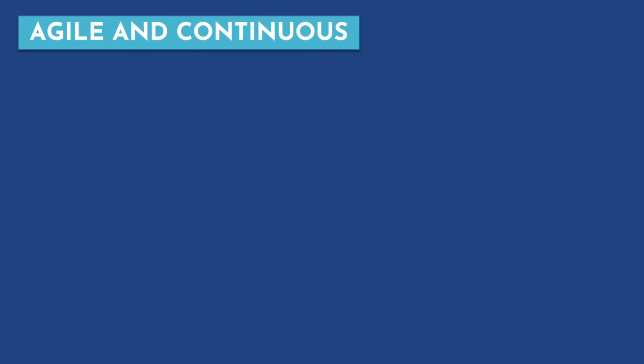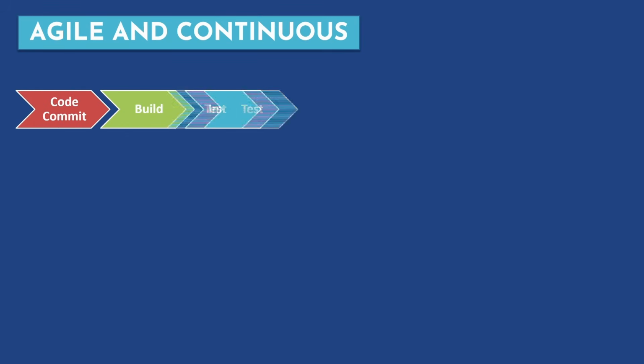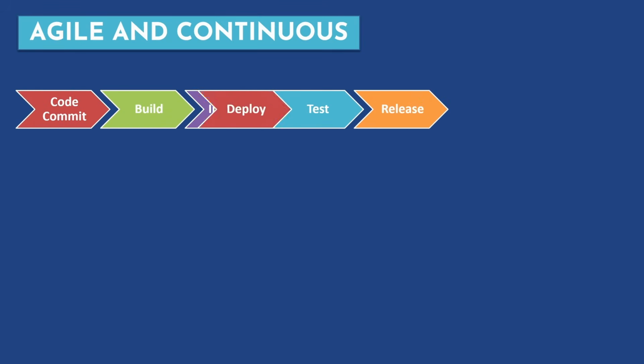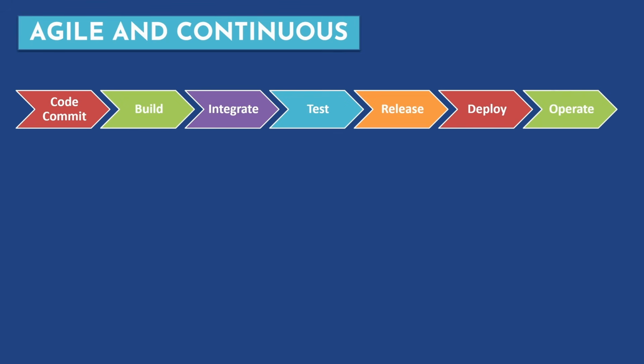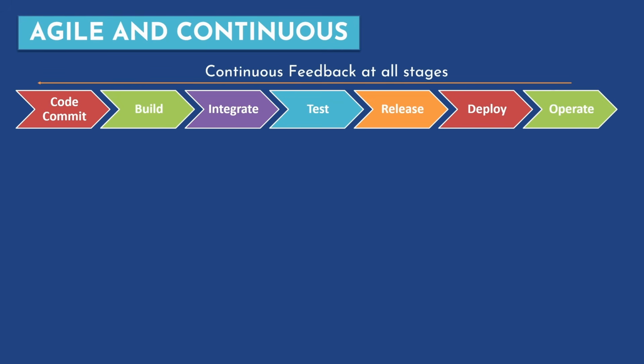Let's see what these terms are in detail. So let's say we have a software development lifecycle process, which usually involves these steps: code commit, build, integrate, test, release, deploy, operate. This is a complete SDLC lifecycle that we see nowadays, and continuous feedback is provided from each of the stages.